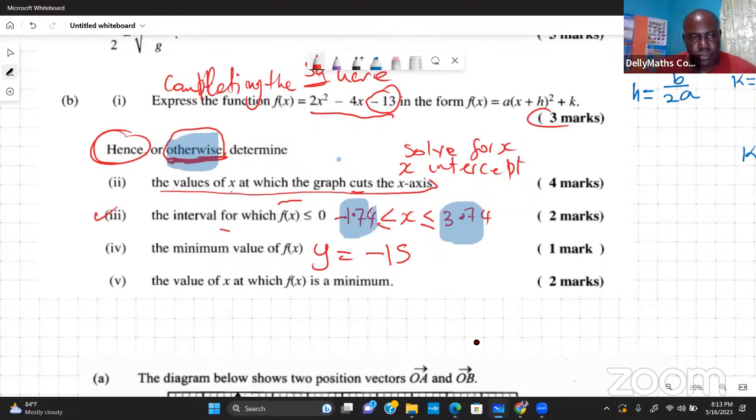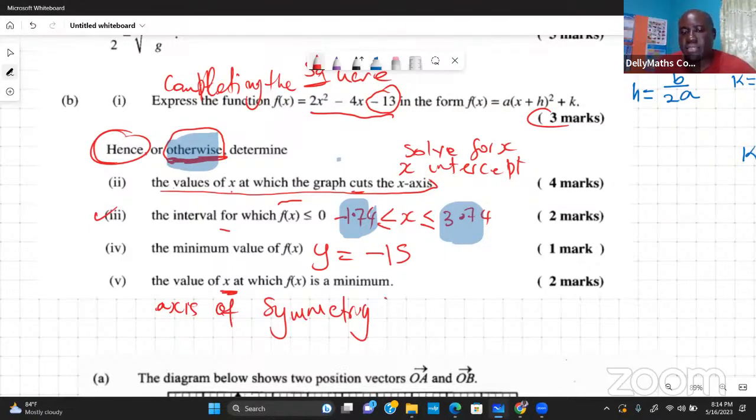Next, the value of x at which f of x is minimum. The only x value at minimum, I don't have to look. It is your axis of symmetry. The only x value at minimum is your axis of symmetry, and it's where x is equal to 1.